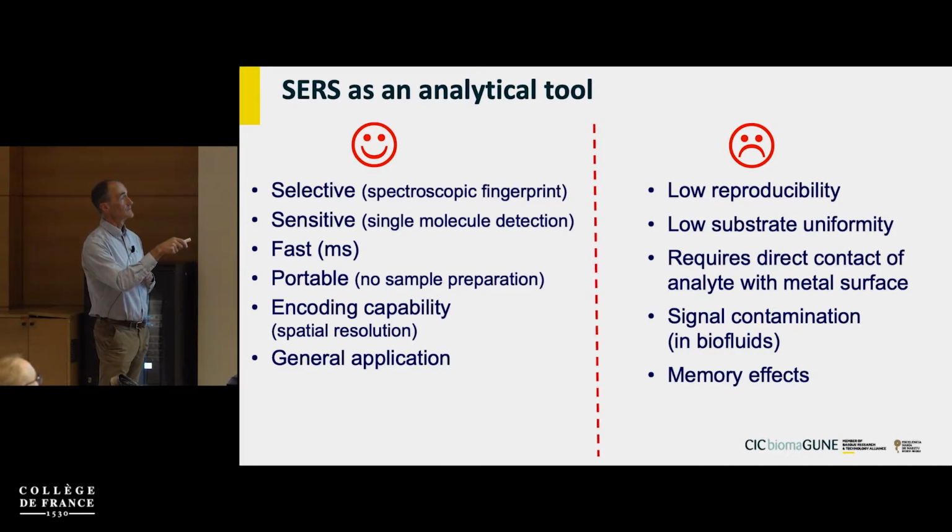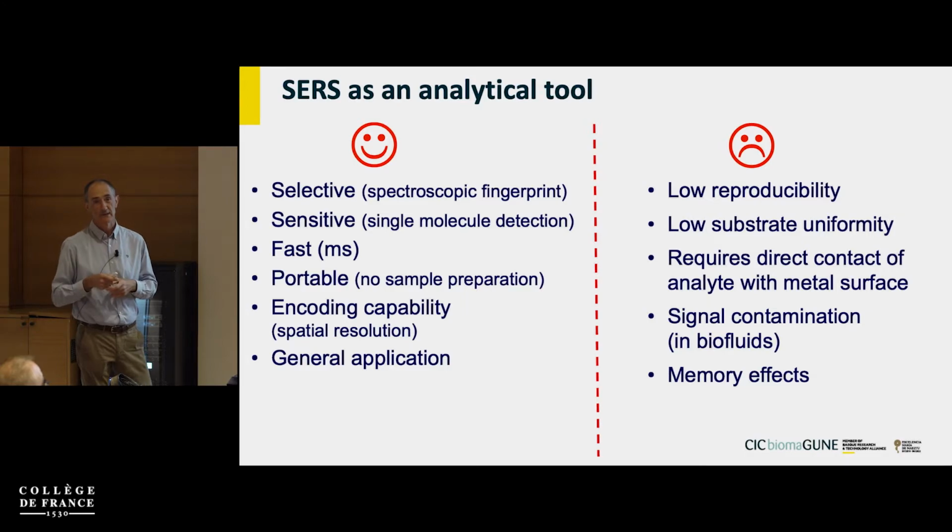But you have to be careful to obtain sufficient reproducibility, uniformity of the substrates that you use to enhance the signal. As I said already, the molecule has to be as close as possible to the metal particle, which is not so easy to achieve in some media. You can also contaminate the signal if other molecules are floating around in the same system, and this is particularly relevant in biofluids, where you almost always have contamination from proteins, lipids, and many other things.